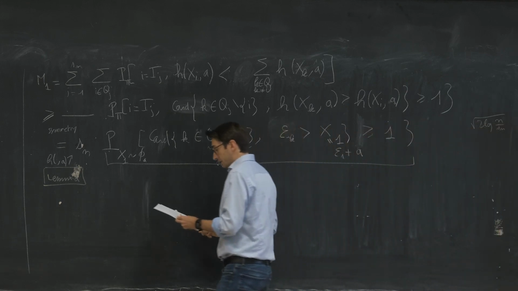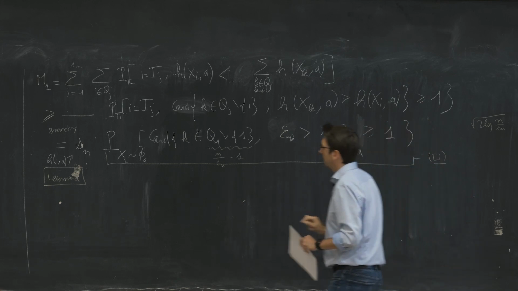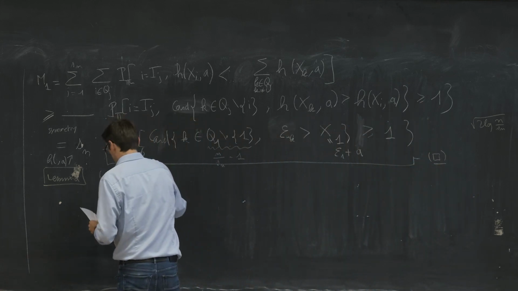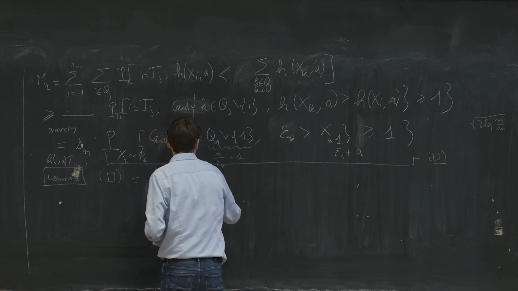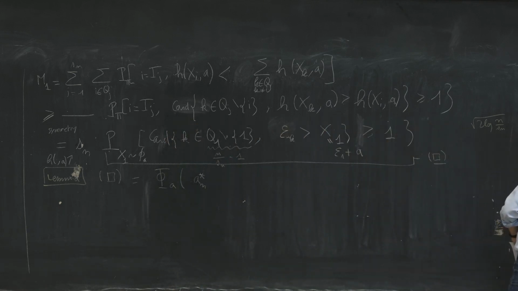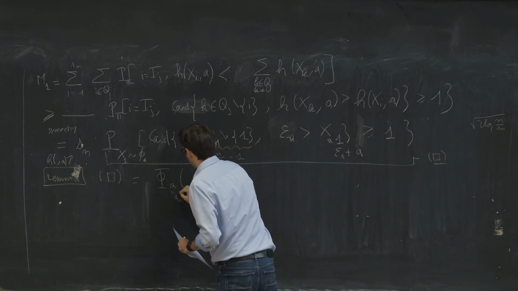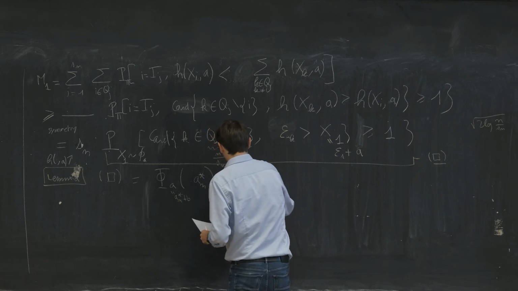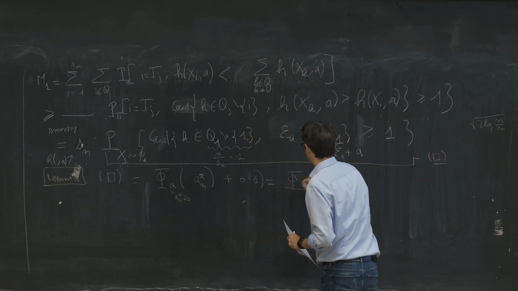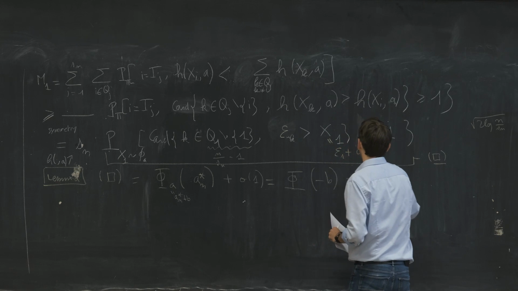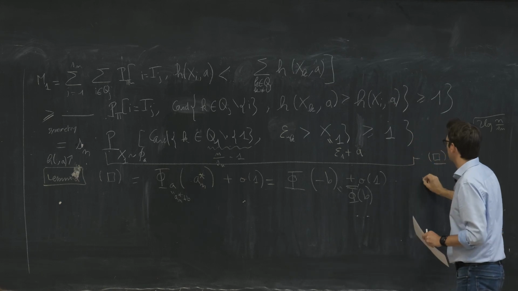And the lemma says that this is actually phi bar of A minus an star, where an star is the oracle threshold, and so A is an star plus B plus little o of 1, and by definition this is the same as phi of minus B plus little o of 1, and this is phi bar of B, as we wanted.